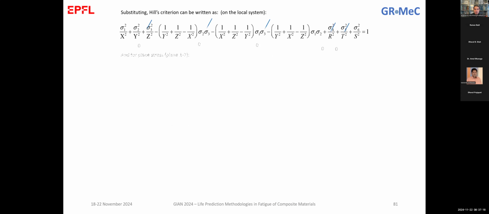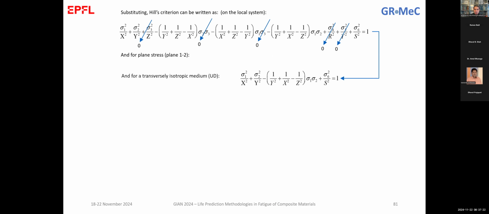So later on, if we want to go to the plane stress, we can assume that all the stress components after 3, 4, 5 are 0, and only sigma 1, sigma 2, and sigma 6 remain, which are the two normal and the shear stress in plane.